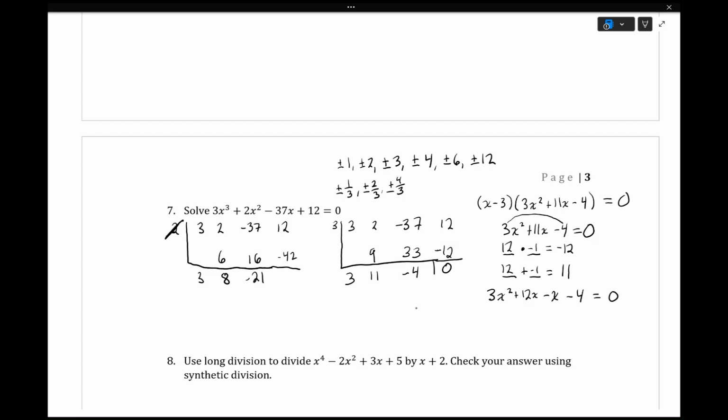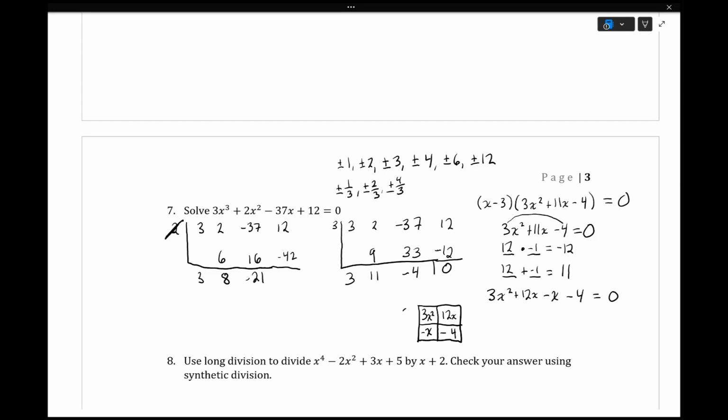I like to use the box method to factor. It helps me group a little easier. So I put a 3x squared here, a 12x here, a -x down here, -4 down here, and I say, okay, what goes into both 3x squared and 12x?